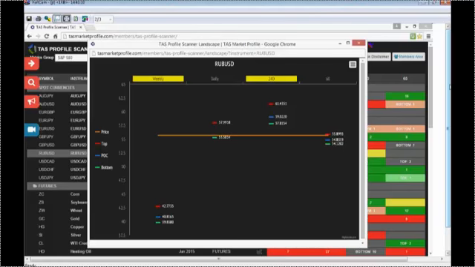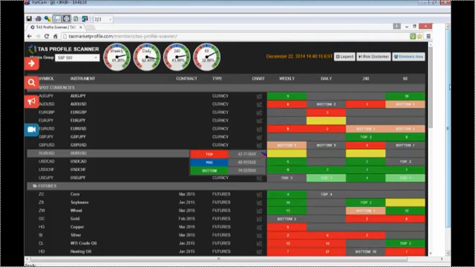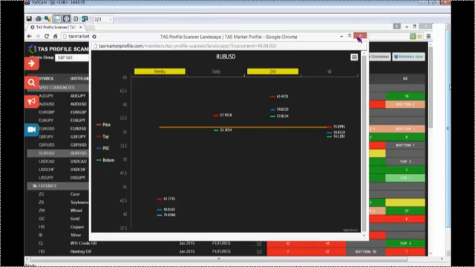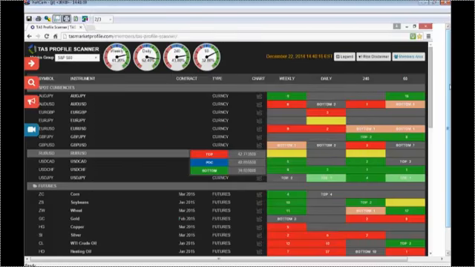But the ruble, that yellow cell, as I mouse over it, gives me the current profile configuration, which is well below where the ruble is trading now, and also the inflection points on the daily, which are right at 55.30. We're sitting right above those daily unfair lows.